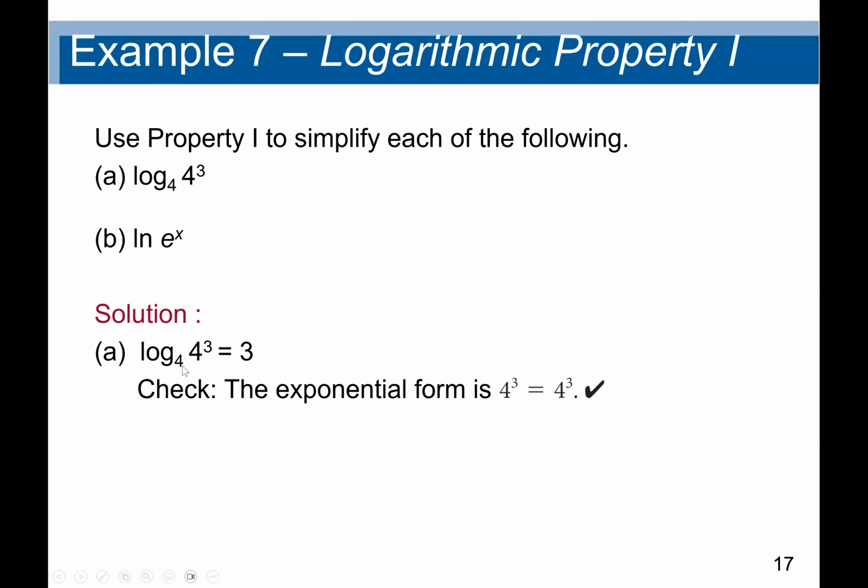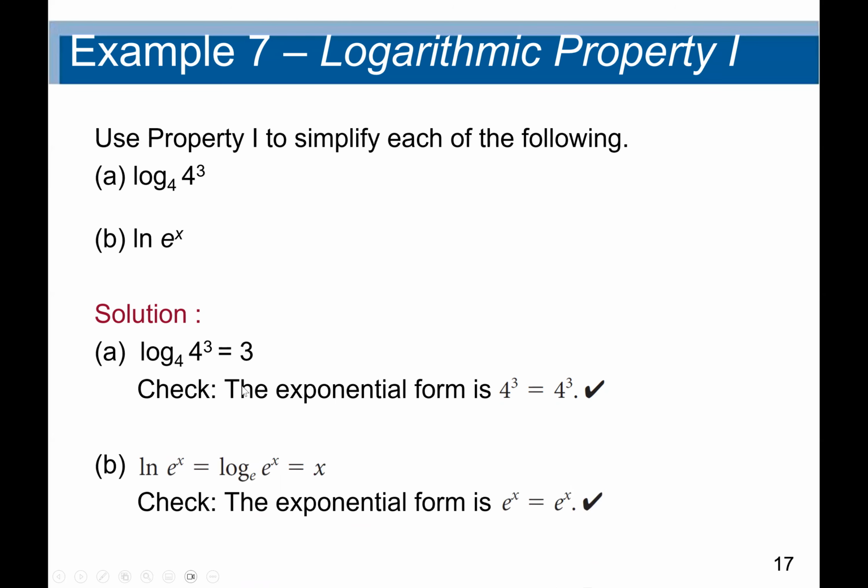And when we check here, we can see that 4 to the power 3 is equal to 4 to the power 3. Now, when we have a natural log of e to the power x, we know natural log is the same as log base e. So we have log base e of e to the power x, and our answer will be x.